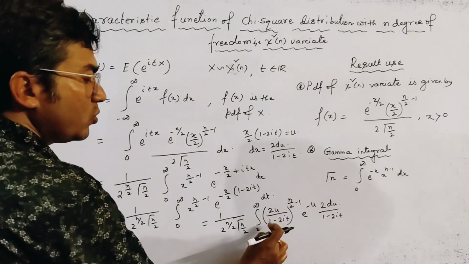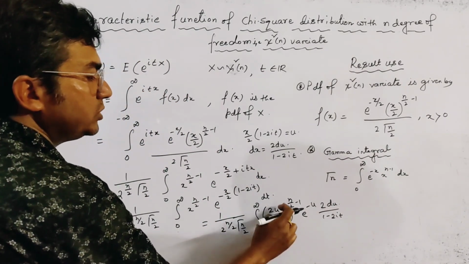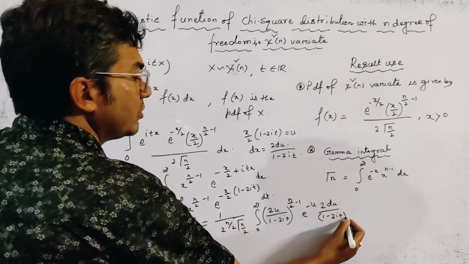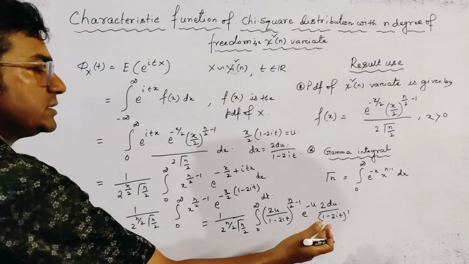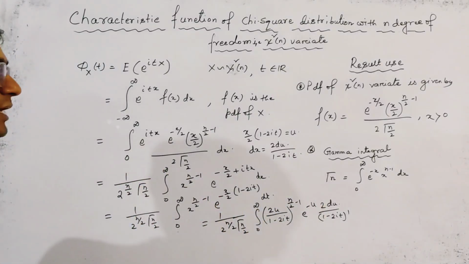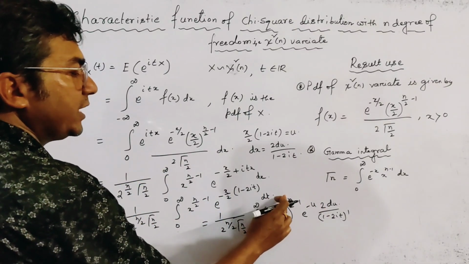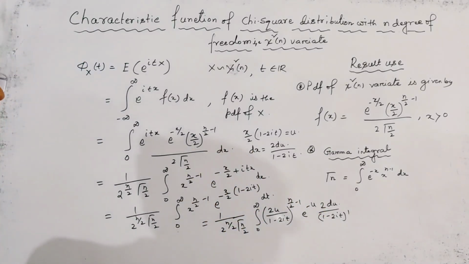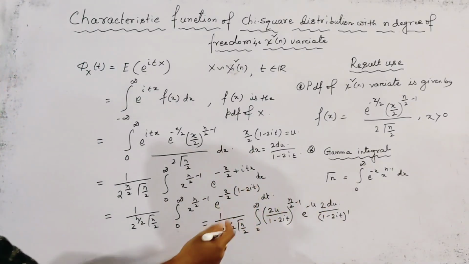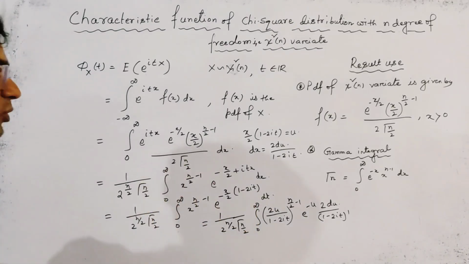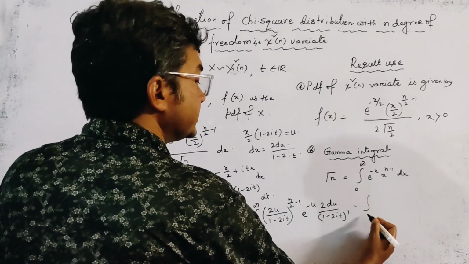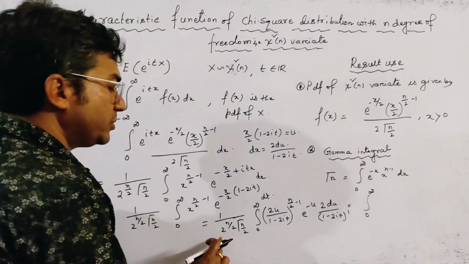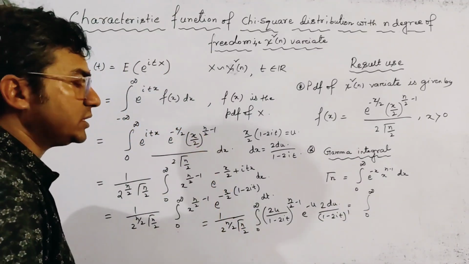Clearly, 1 minus 2 i t whole to the power n by 2 minus 1 together with 1 minus 2 i t whole to the power 1 can be written outside the integration. From here we get 2 to the power n by 2 minus 1 and 2 to the power 1, so we get 2 to the power n by 2, and the 2 to the power n by 2 cancels out.